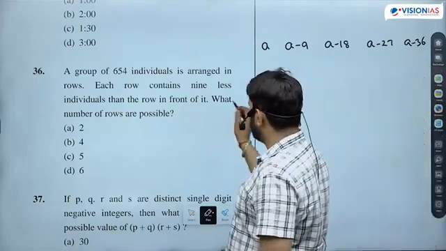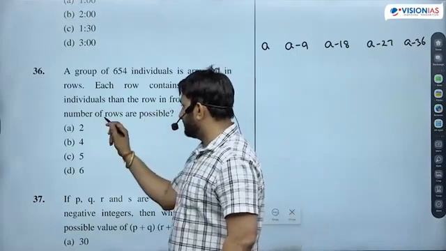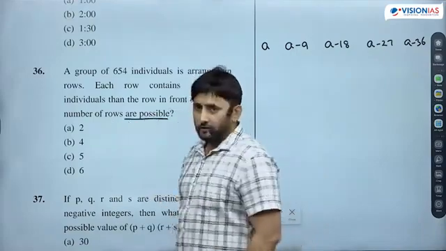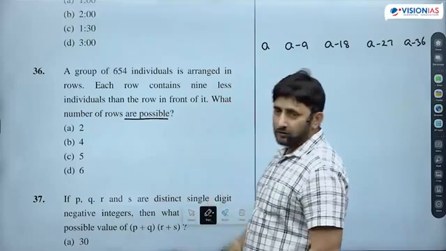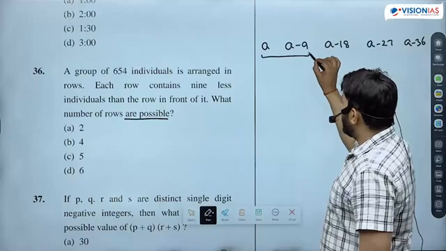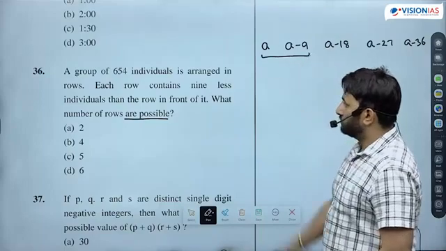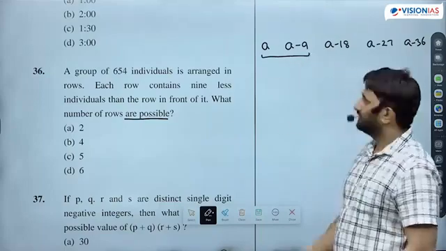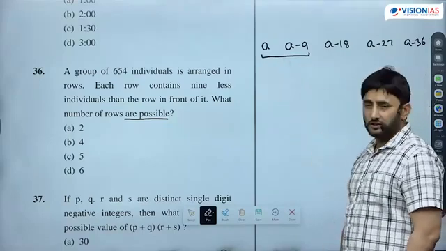Which of the following numbers of rows are possible? In this case we have to check for the given options. हाँ जी बच्चे, can the total of these two be equal to 654? इन दोनों का टोटल 654 हो सकता है क्या?